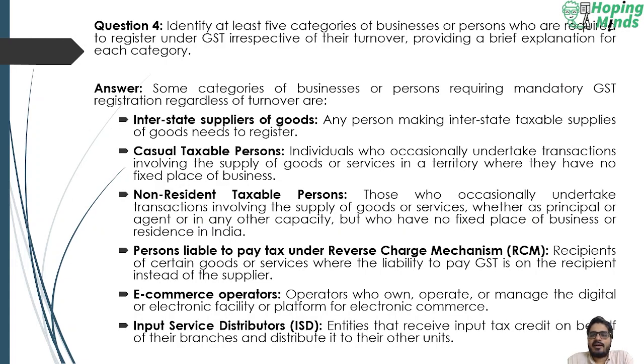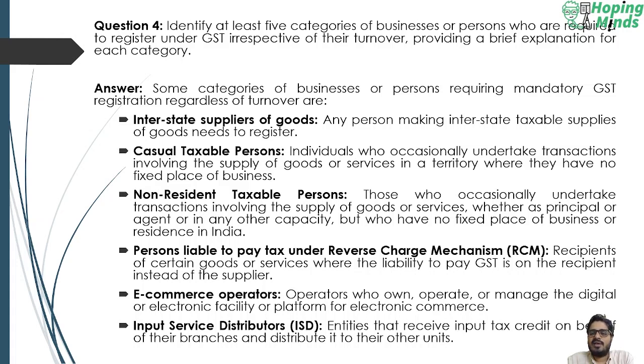Identify at least 5 categories of businesses or persons who are required to register under GST irrespective of their turnover, providing a brief explanation for each category. So this we have already studied, that who all are required to mandatorily get registered under GST irrespective of their turnover achieved. Some categories requiring mandatory GST registration regardless of turnover are interstate suppliers of goods.